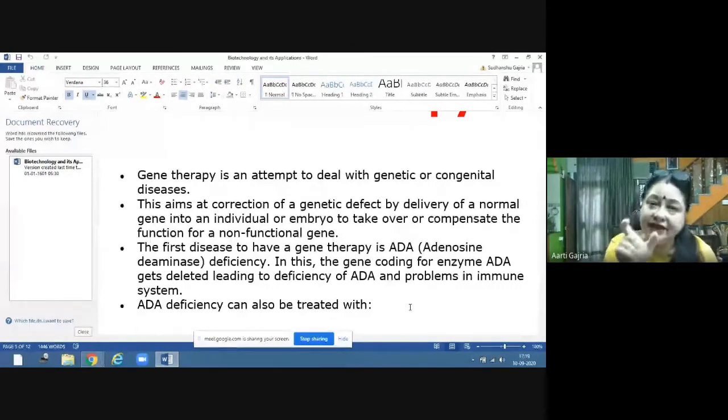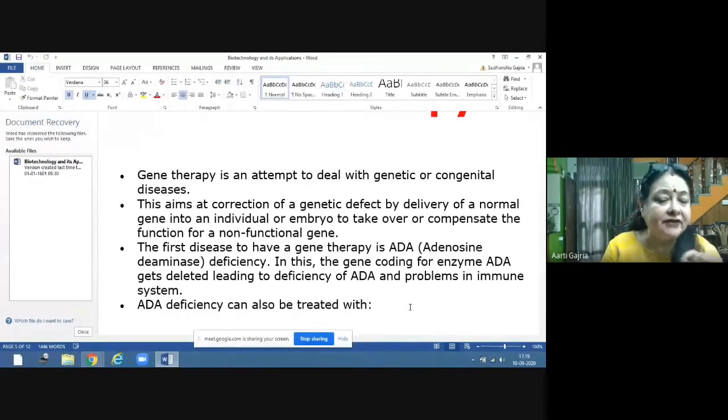The gene responsible to produce that enzyme has been deleted or has become non-functional for some reason, and so the adenosine deaminase enzyme is not produced in the body. That disease is called adenosine deaminase deficiency disease.